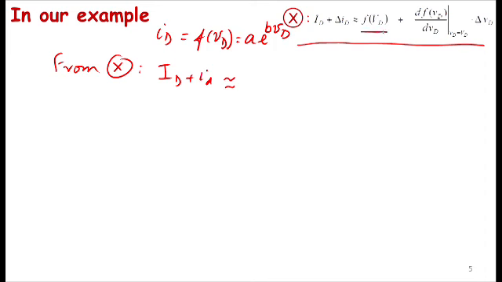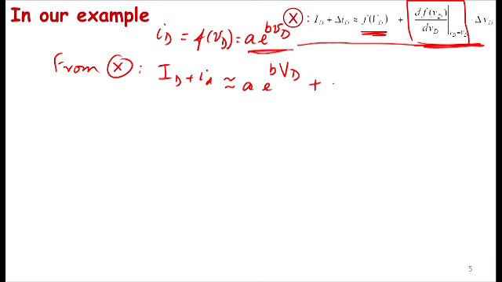Okay, what is f of V_D? So f of V_D is simply the function evaluated at capital V_D. So it is simply A e raised to B V_D. Okay, so that is f of V_D, and then plus I get the second part here. And the second part is the slope of that function about the point capital V_D. So what is the derivative of this function at the point V_D?